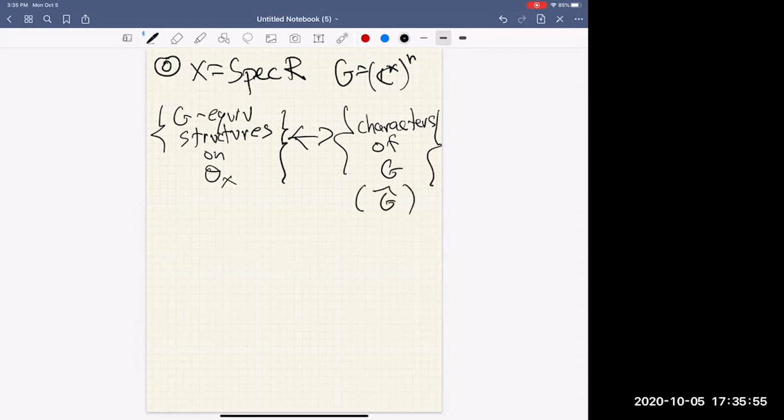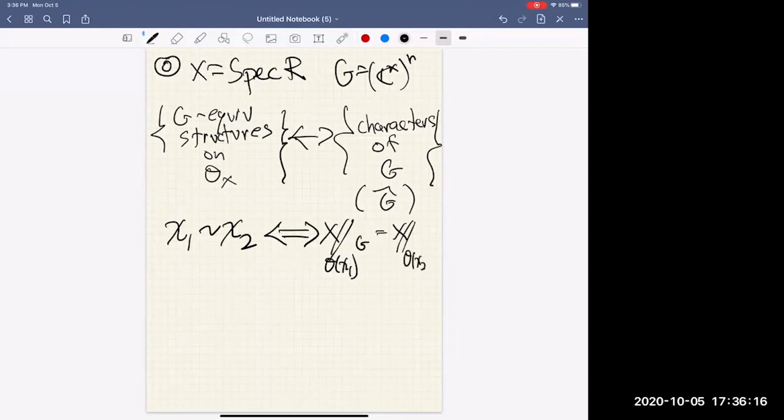Okay. So then I can put an equivalence relationship. Two characters chi1 and chi2 are equivalent if and only if X mod_chi1 G equals X mod_chi2 G. They give the same GIT quotient.